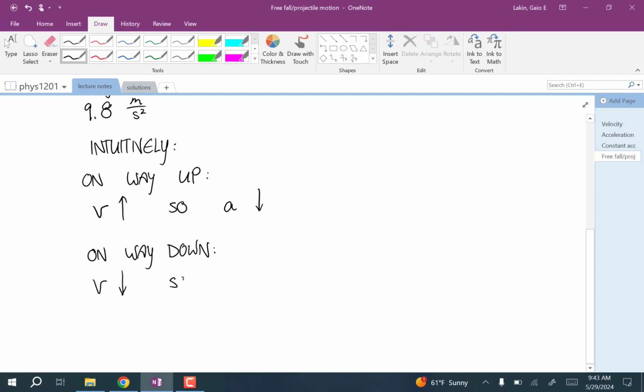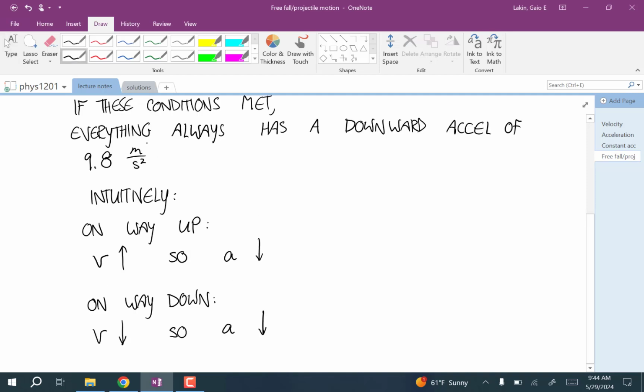So if it's speeding up and the velocity is down, the acceleration also has to be down. So what this is saying is whether it's on the way up or on the way down, that acceleration is just steadily down the whole time. That doesn't tell you what the magnitude is, but I think you can believe me at least that the magnitude of the acceleration is always 9.81 meters per second squared, pointing down. Okay.